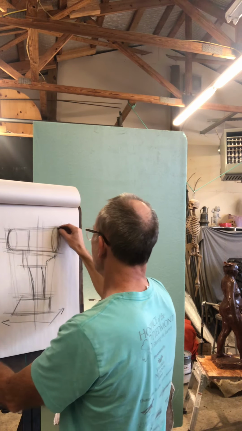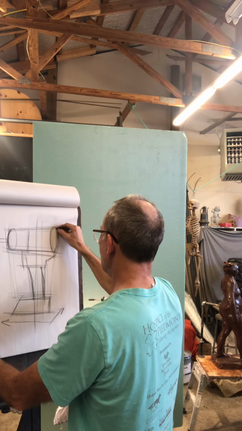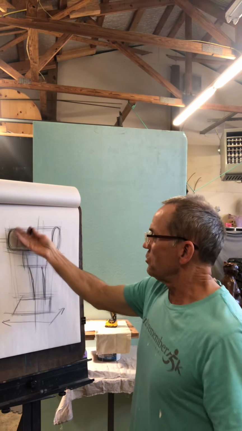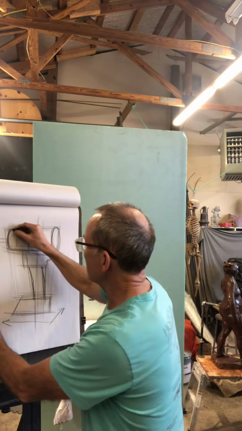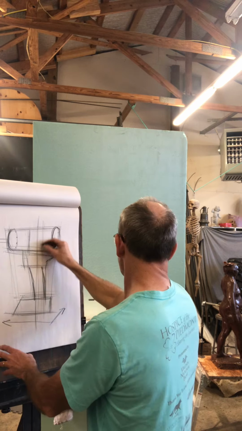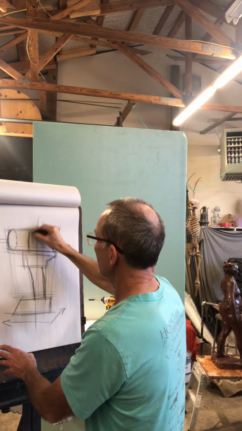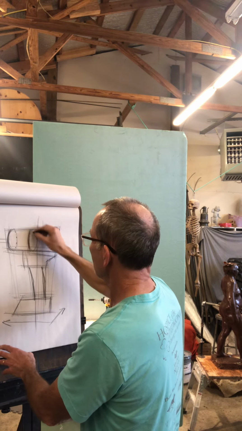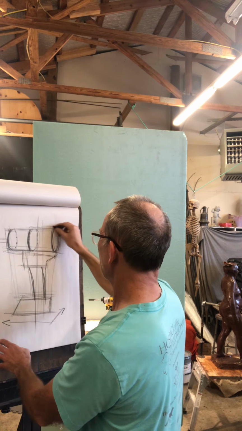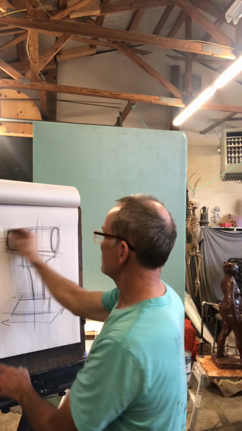It may help you, when you're drawing through, to draw the near edge, the edge that you see, as a darker line. The inside line could be lighter, or you could put a dotted line to it. So this is just like a big cylinder that's sitting on its side.